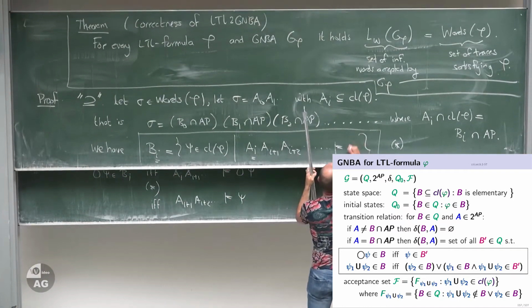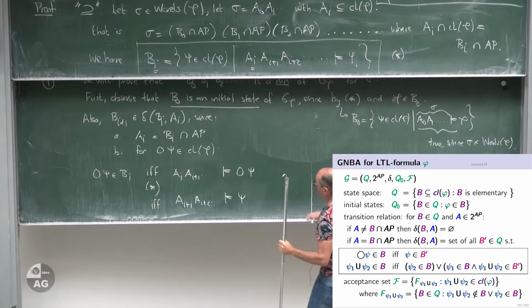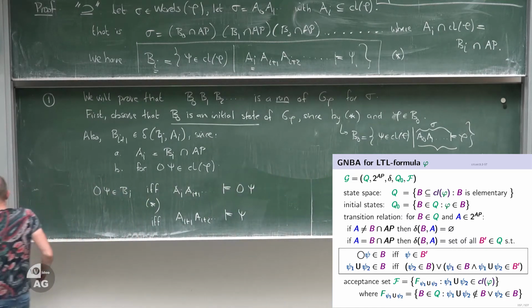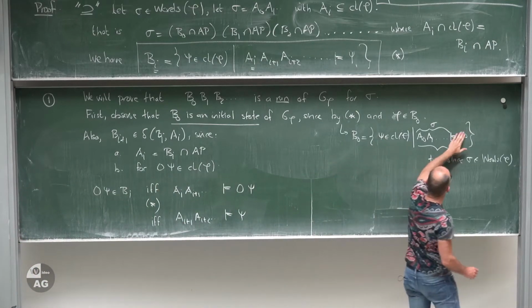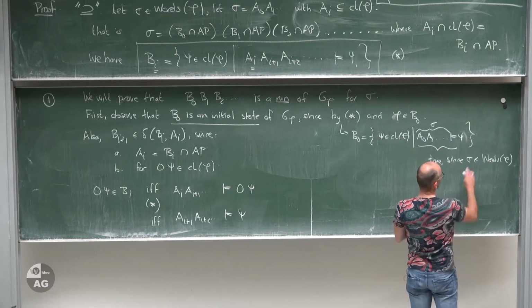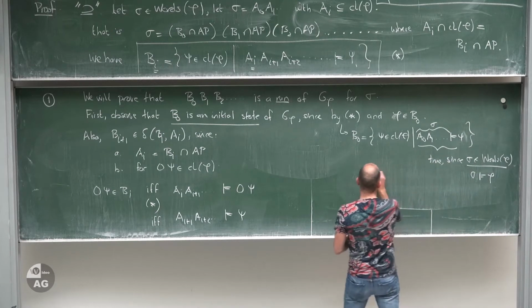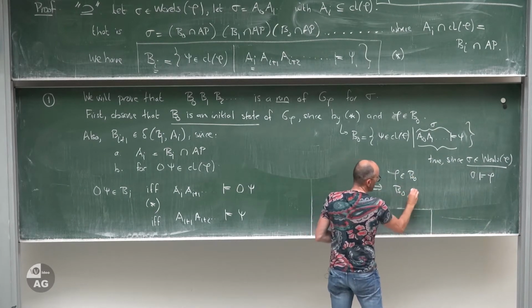This really must be a psi. So this argument still holds. We take all the psi satisfying psi, but we know that sigma satisfies phi, and therefore it follows that phi belongs to B0, and therefore it follows that B0 is initial.